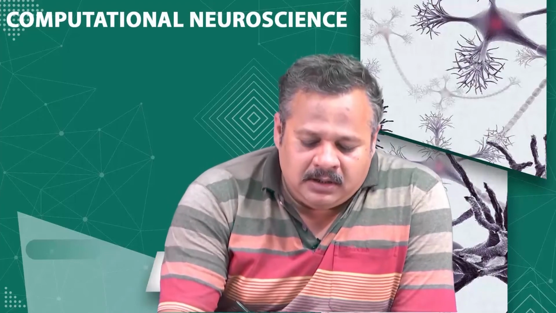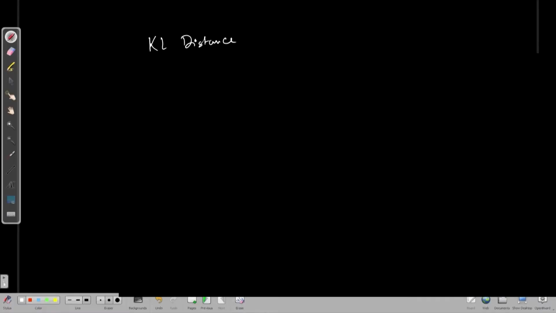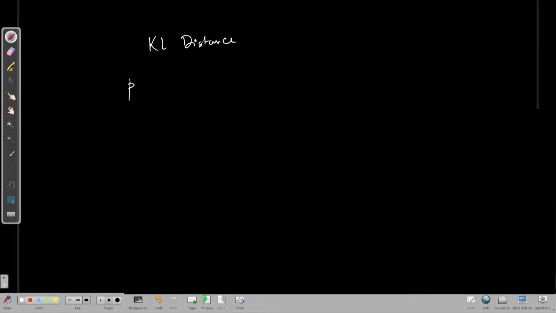Our KL distance, which we write as d KL of P, Q, is equal to the summation over all possible values of x of P(x) log of P(x) by Q(x).